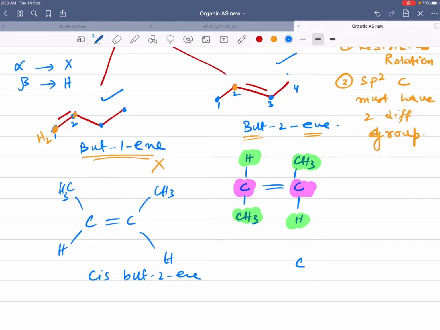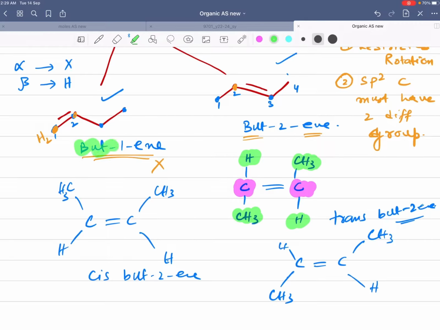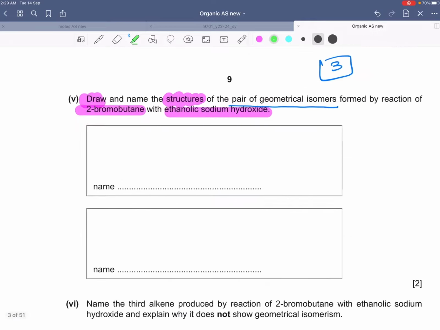And if both the CH3 groups are on the opposite side, then this is called trans-butene. So this is trans-butene, opposite, right? So these are now three different isomers, and two of which are geometrical isomers. So but-1-ene, cis-but-2-ene, and trans-but-2-ene. So three alkenes, right?